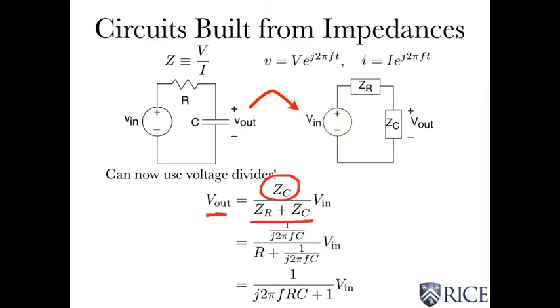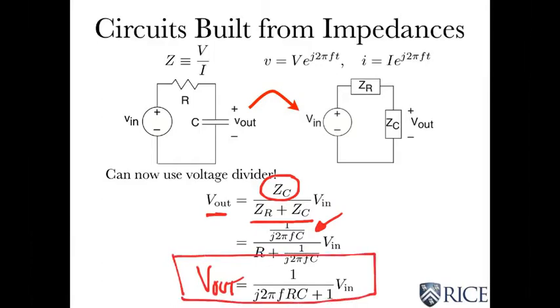Plug in what their impedances are and simplify a little bit. We now know what V_out is. It is equal to the amplitude of the source times a complex number, 1 over j 2 pi f RC plus 1.